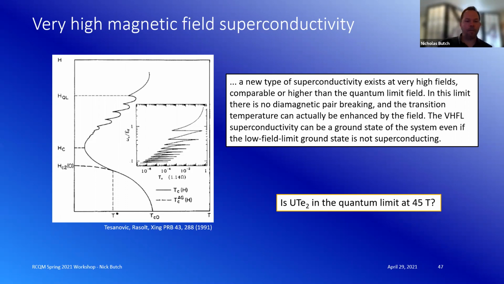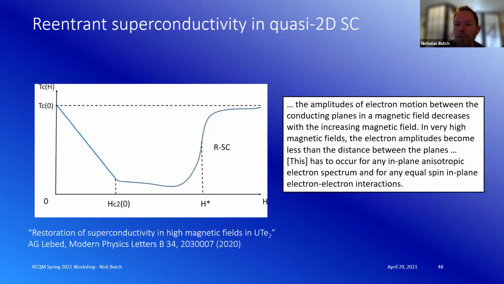So what else can one say? Well, there are even generic arguments about lower dimensional superconductivity. In particular, I'm quoting here a paper from Andrei Lebed, who actually wrote an article specific to uranium ditelluride, that if you've got a quasi-2D superconductor at high enough magnetic fields, the electron motion between the planes is reduced.